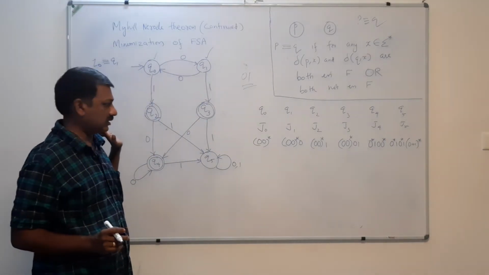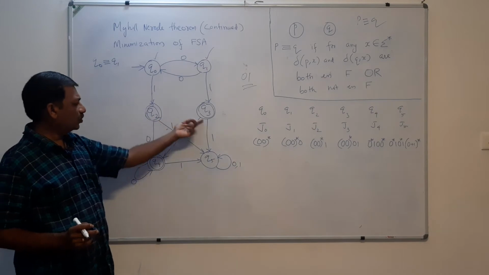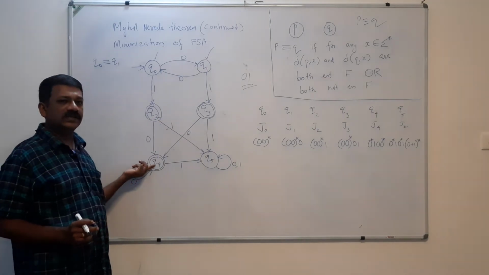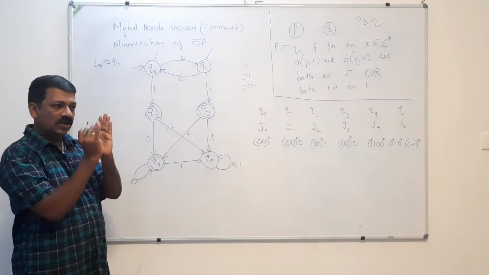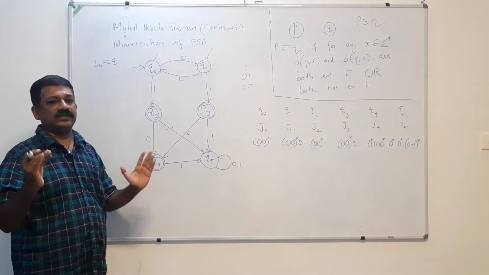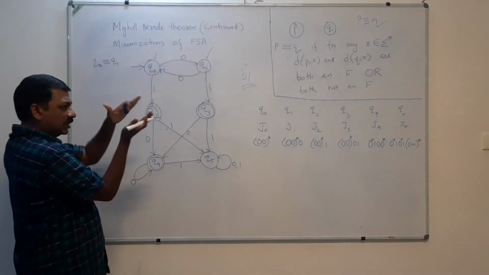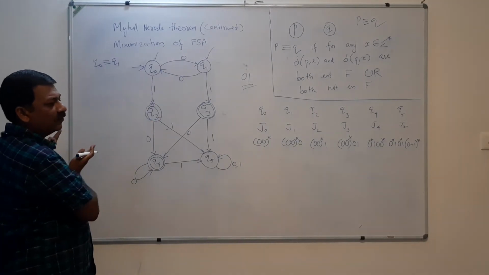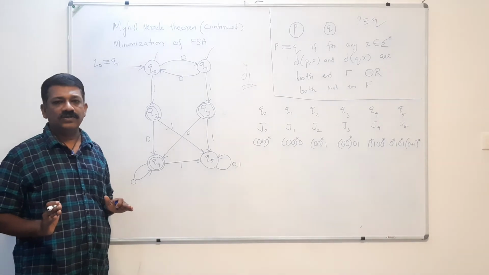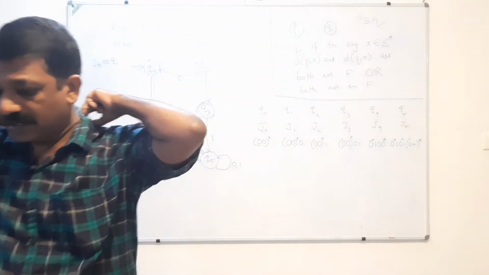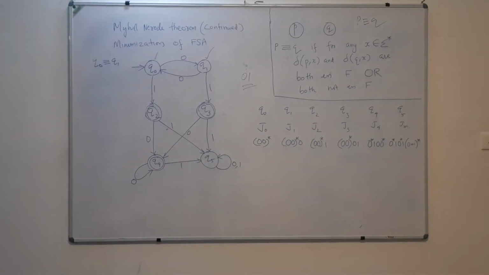Q2, Q3 and Q4 form another set, and you have to check whether these are equivalent. That means you have two sets: a set of non-final states and a set of final states.